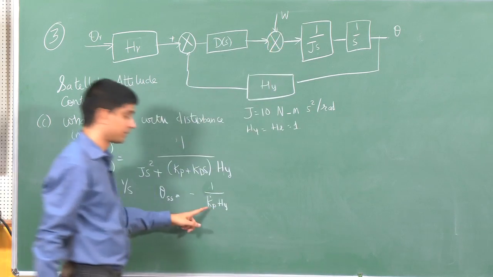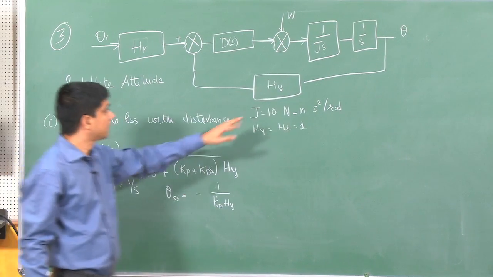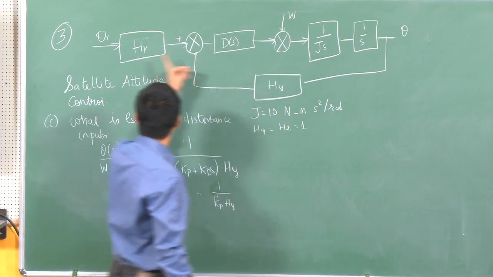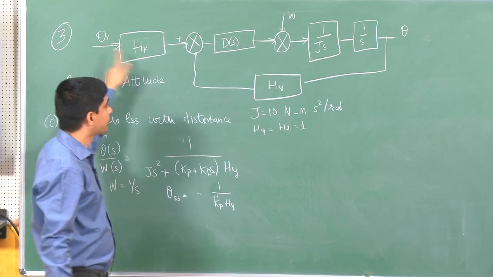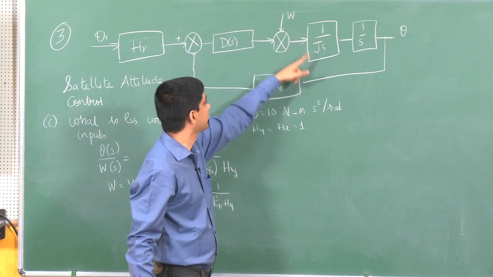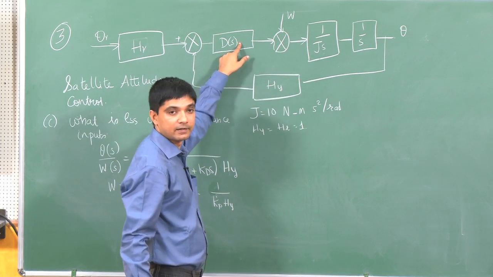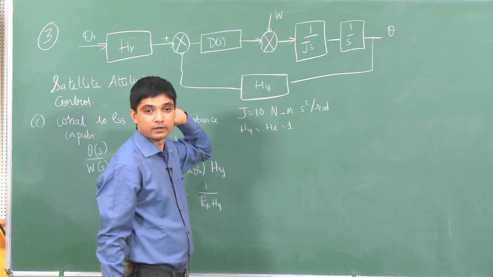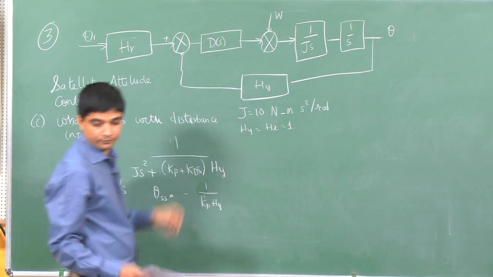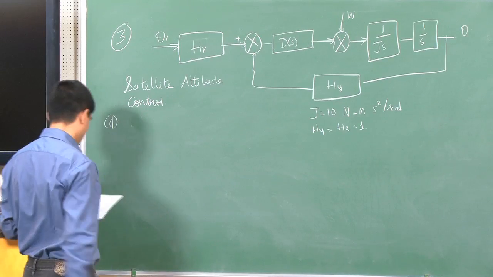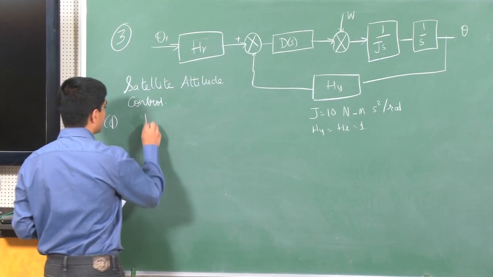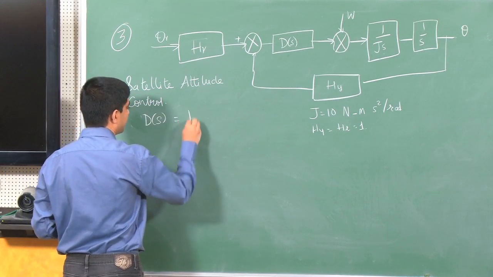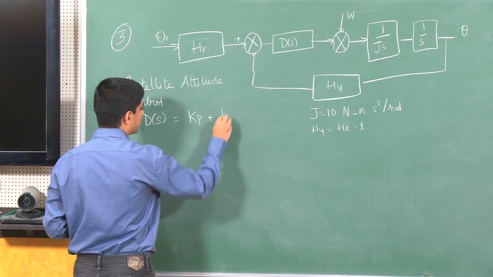That is seen from here, and therefore, a pole at the origin helps in the reference tracking. But if I were to reduce the effect of disturbances, I may need an integral component here, or a pole at the origin for the controller. Okay, so in the next part, we will see what happens when I use a PI kind of controller.